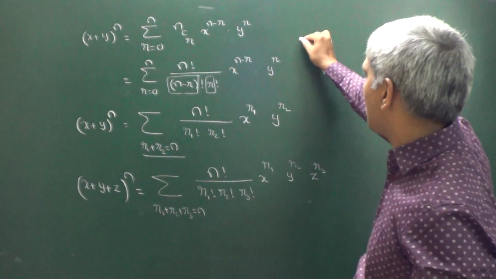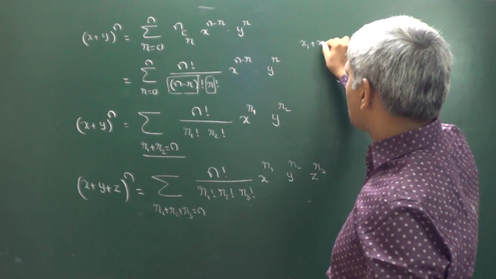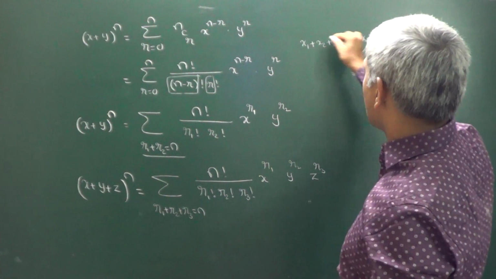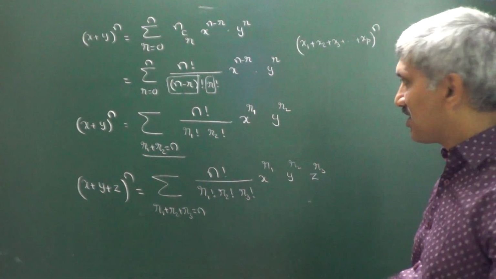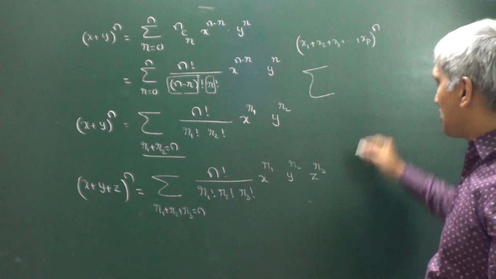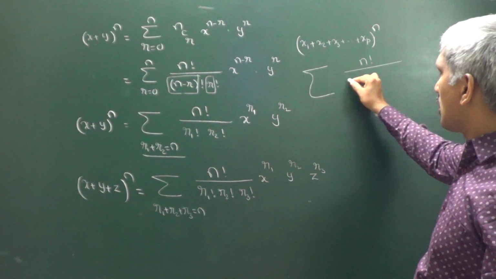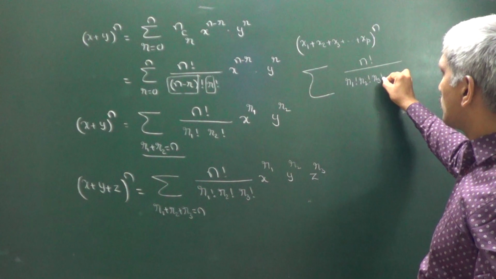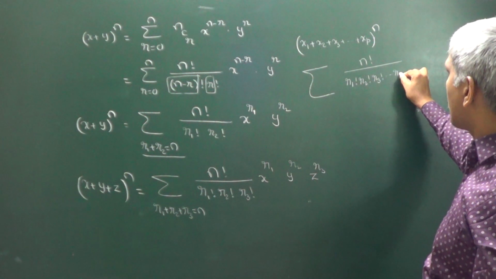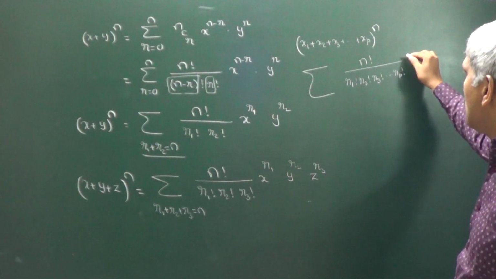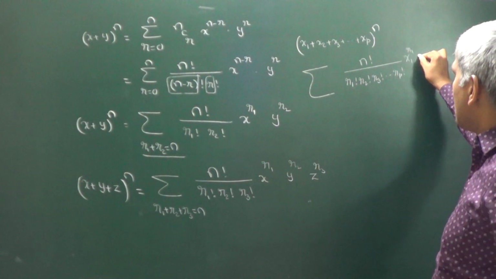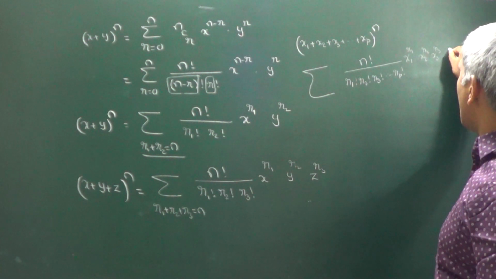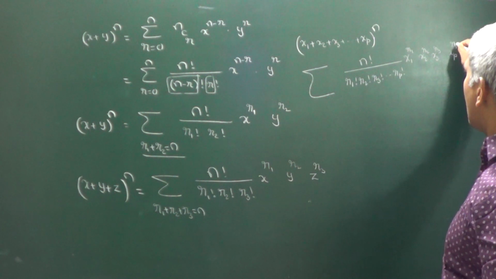Now the same discussion we are going to do like this: (x1 + x2 + x3 + and so on + xp)^n. That we can write as summation n factorial divided by r1 factorial into r2 factorial into r3 factorial and so on rp factorial, into x1^r1 x2^r2 x3^r3 and so on, finally xp^rp.